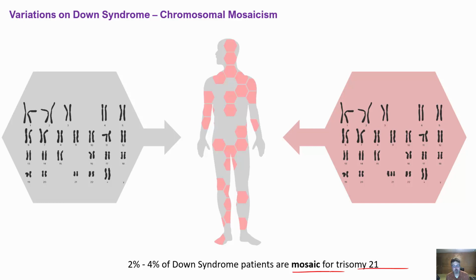This doesn't happen very often, but we do see this in a few individuals, 2 to 4%, where you actually have this kind of mosaicism because some of the cells have 2 copies of the chromosome 21. Here they had a chromosomal correction, and then other cell lines would have that third copy. So that's kind of an interesting side note for this incidence.